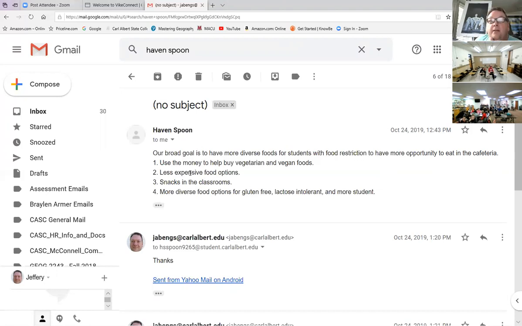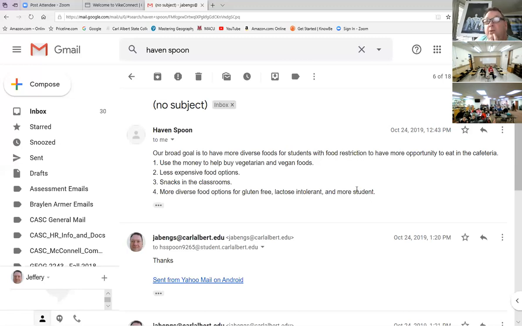So you have here, use the money to help buy vegetarian and vegan foods, less expensive food options, snacks in the classrooms, more diverse food options for gluten-free, lactose intolerant, and more students with restrictions, like what they can and cannot eat.